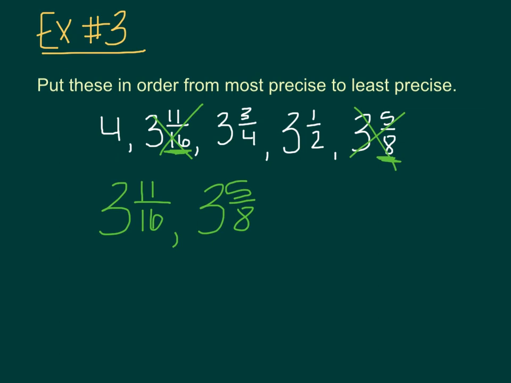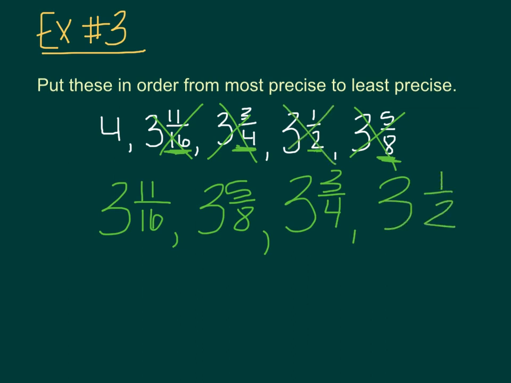Then we have a 4th. When we talk about most precise and least precise, we're not talking about greatest to least. We're trying to say which one is the smallest unit of measure. Then we have 3.5 because it has a fraction. And then, of course, the whole number is last, because whole numbers are not very precise.